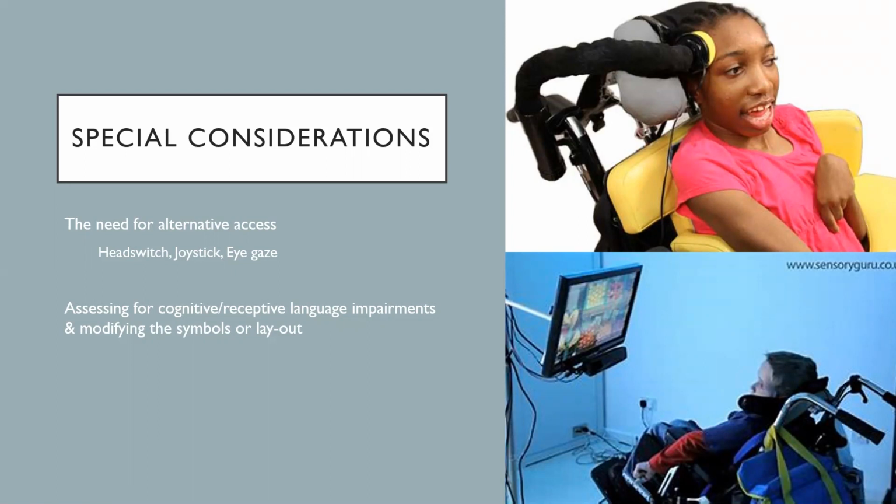So a lot of times people with CP who can't rely on their arms and their hands for that direct selection, that direct access, might need to use a head switch to control the screen, or to do some scanning there. So you'll see on the screen what a head switch kind of looks like up close.